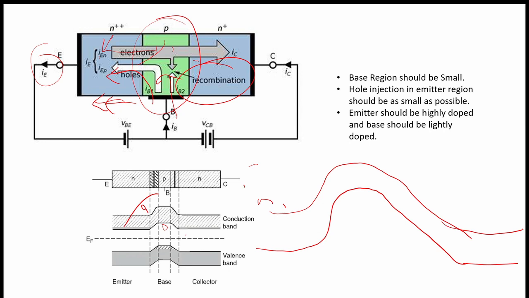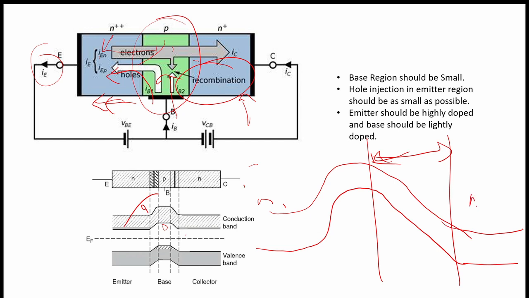Initially at equilibrium, this is the depletion region. In the reverse bias it was smaller, but as we have reverse biased it, this depletion region width is increased. And that depends on how much it is going towards the base side and how much towards the collector side. So that depends on the extent of the doping.